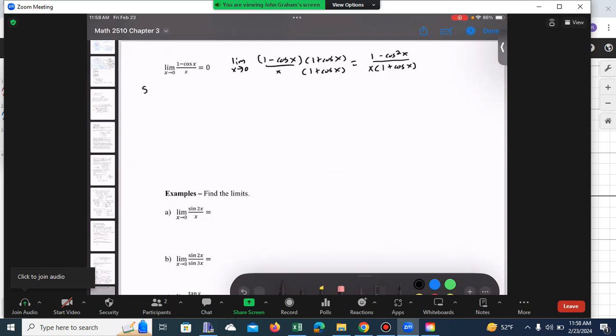There is a trig identity: sine squared x plus cosine squared x equals 1. And we can manipulate this. So sine squared x equals 1 minus cosine squared x. So we can now substitute the limit as x goes to 0 of sine squared x over x times 1 plus cosine x.